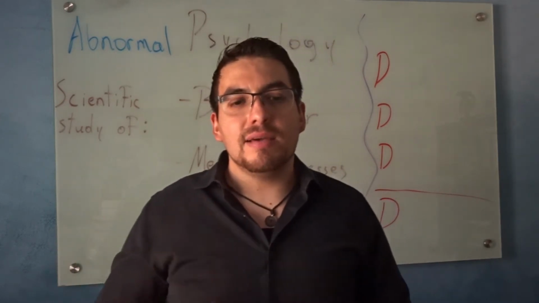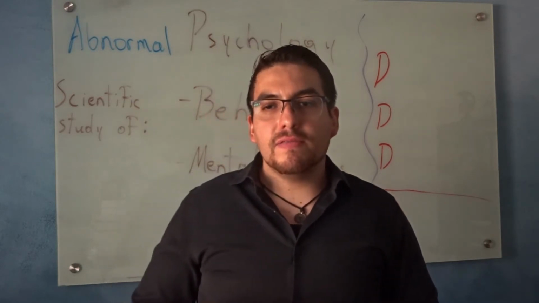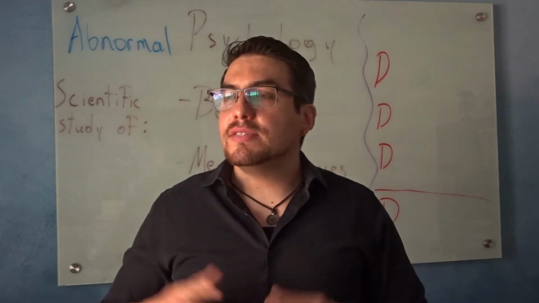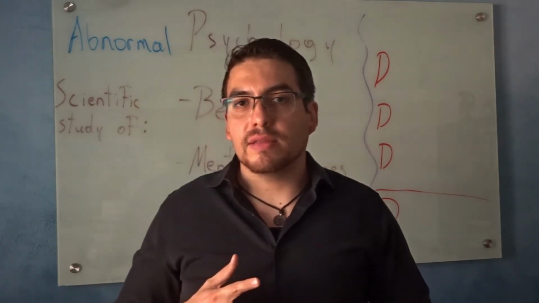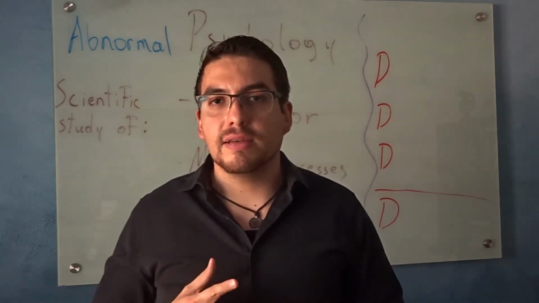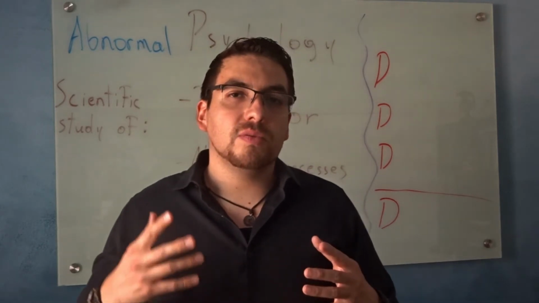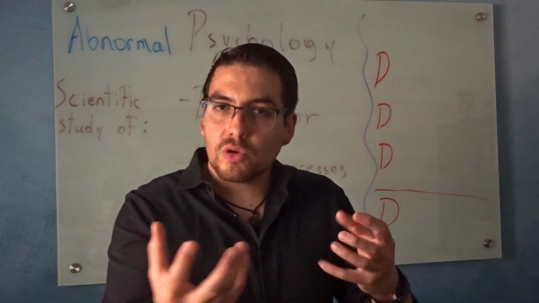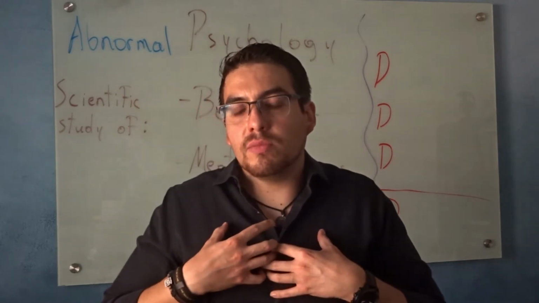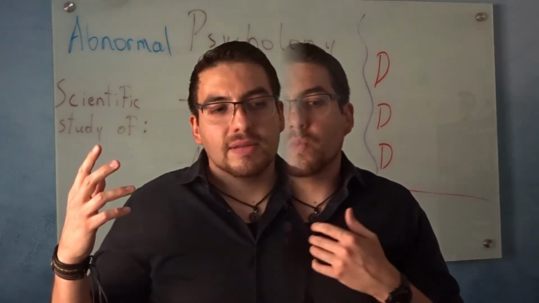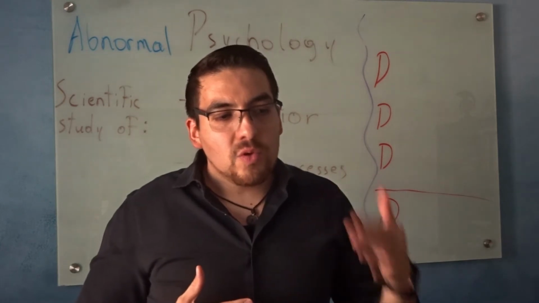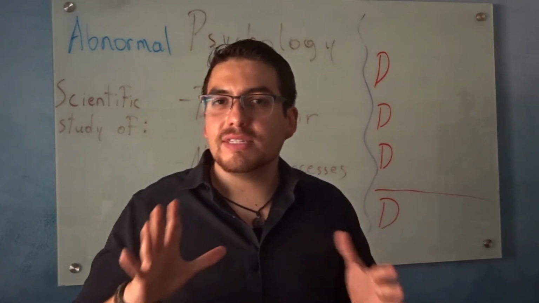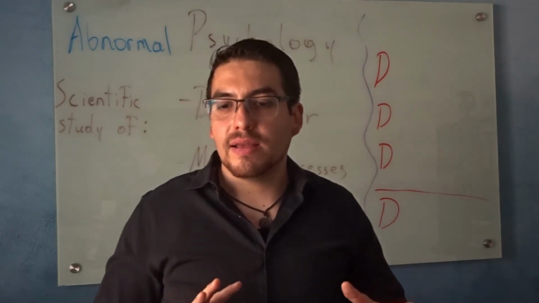But from this standpoint, we want to think of normality as a very subjective trait, a very subjective idea. Depending, for example, on the way that you were raised, something that is considered normal in your society, in your culture, might not be considered normal in my culture. So, abnormal and normal can sometimes be kind of subjective, alright?